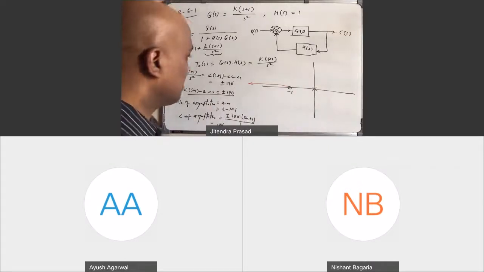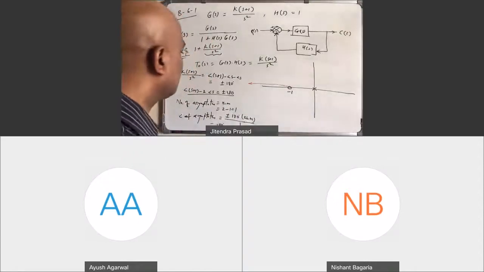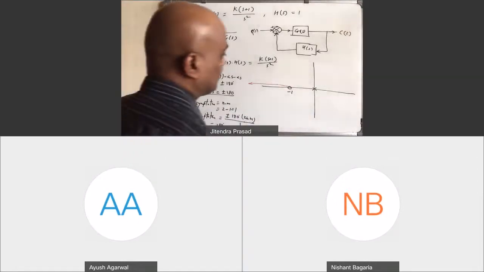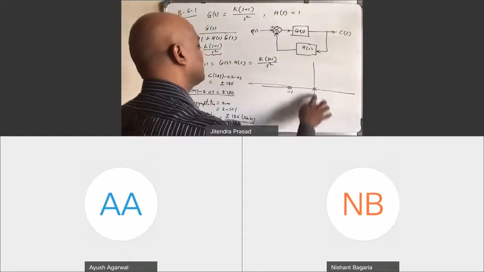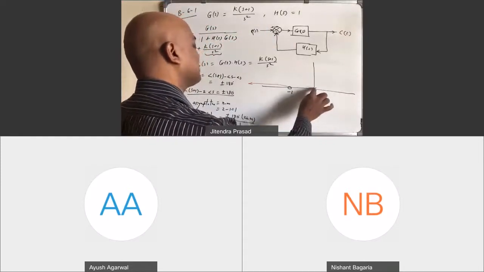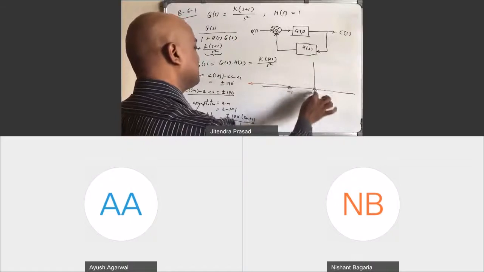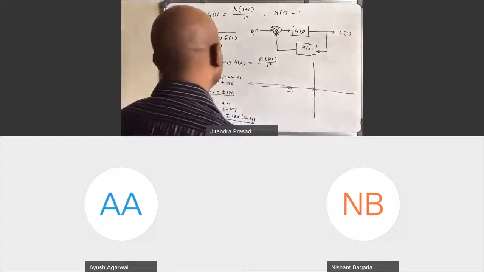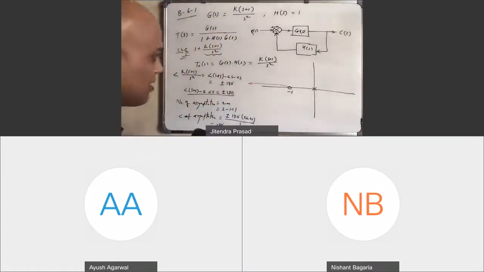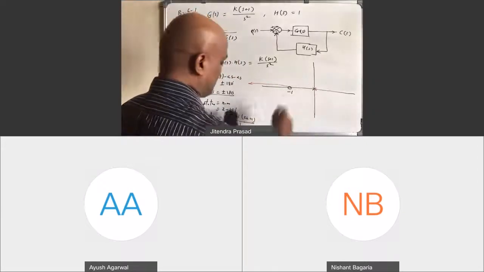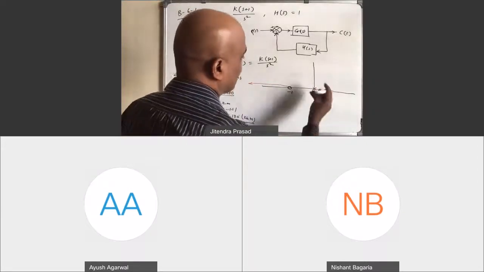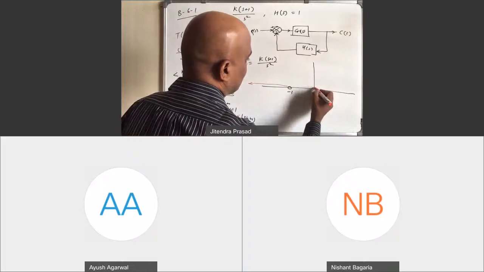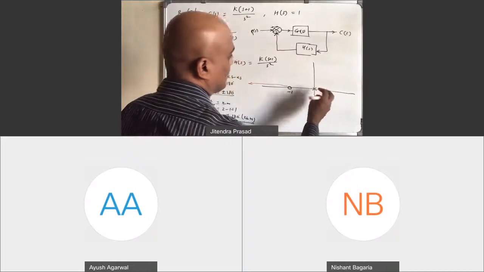Okay, it's done, but this is not complete, because there is no root locus passing through this point. So there has to be something there. What are we missing? We have to find that out. You can see that if you take a point here, a bit up, then what do you find?